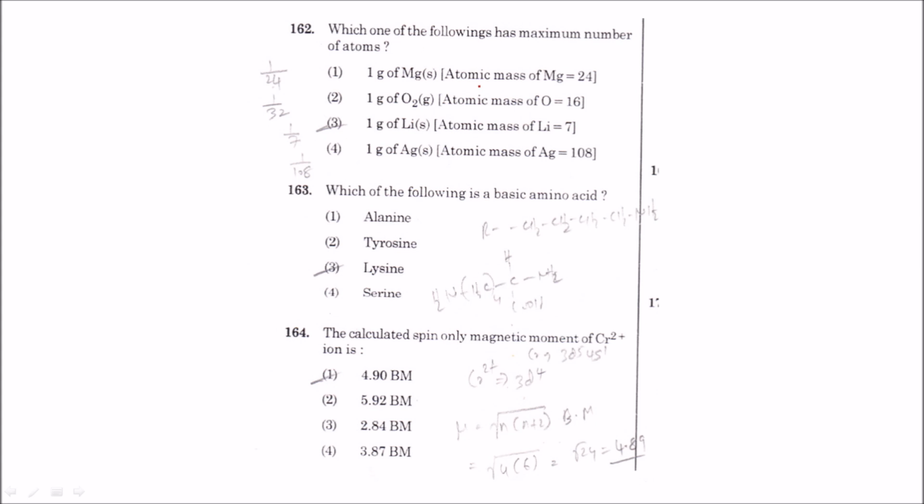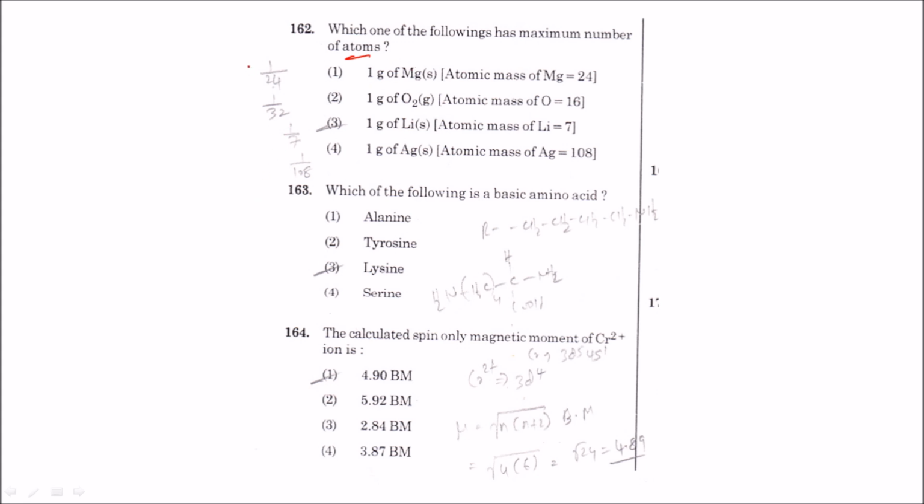162. Which one of the following has the maximum number of atoms? To find the number of atoms, we first should get the number of moles, and number of moles is equal to mass by molar mass. The one having the highest number of moles will have the highest number of atoms.